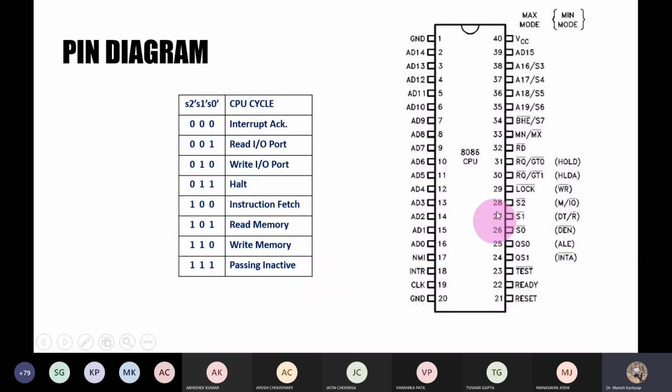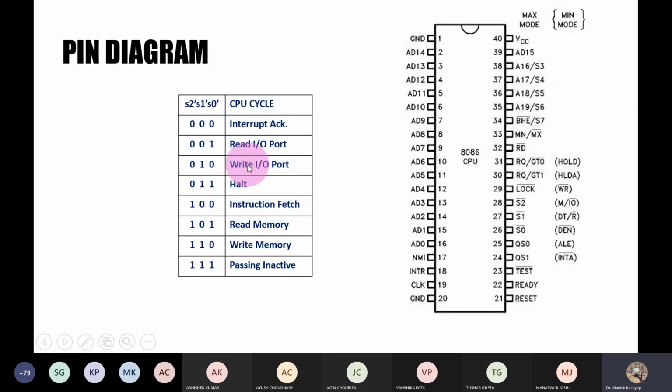This kind of thing is introduced in 8086, where with the combination of bits you can have more meanings than the number of pins. So for 000 it indicates an interrupt acknowledge cycle. For 001 it is a read input output port. We will see what ports are in 8086. Ports are definitely addresses, right? So for 001, we are reading the input output port.